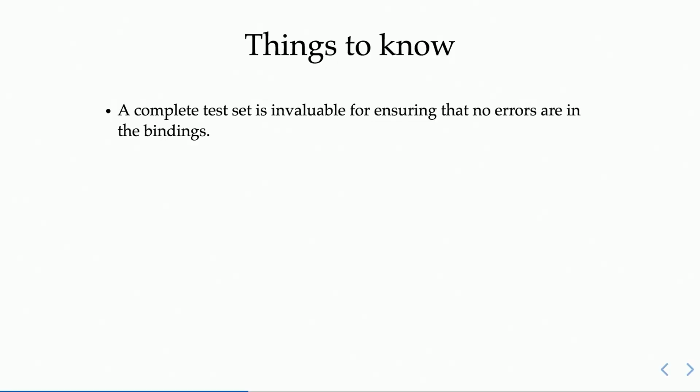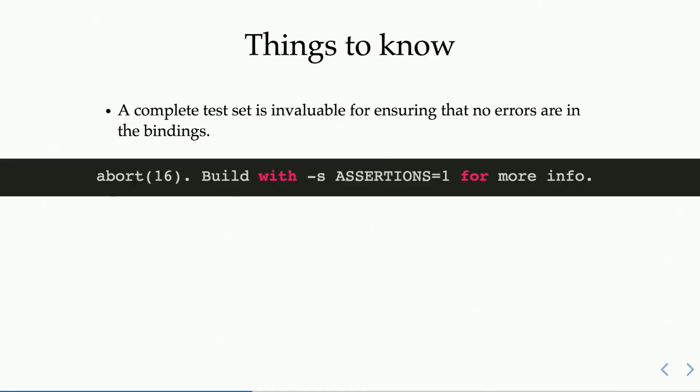Other thing to know, yes, have a test set for your library, because I remember that I started with some bindings that were not WebIDL, then I moved the whole thing to WebIDL, and if I had not had this test set, I wouldn't have been so confident that it was working. And this is the kind of error that you get when something is going wrong in the WebAssembly world, which is pretty helpful.